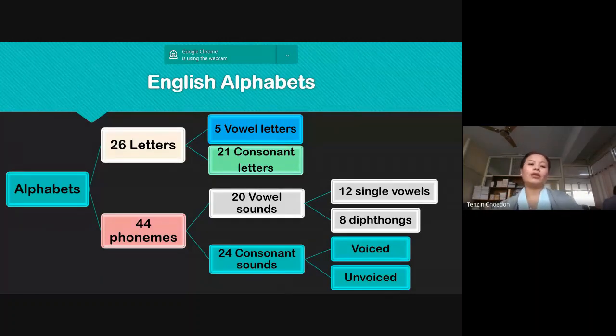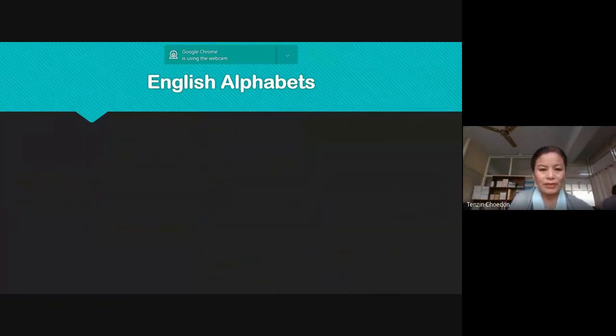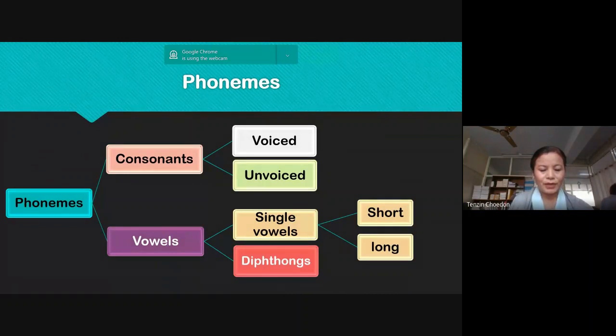If you look at the previous slide, you can see the connection: phonemes, consonants and vowels, voiced and unvoiced, single vowels, diphthongs, and then short and long vowels.